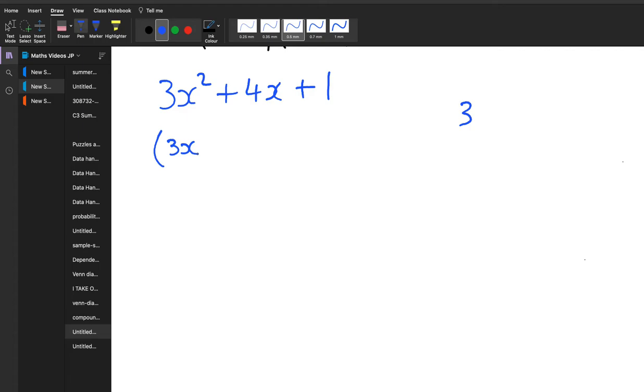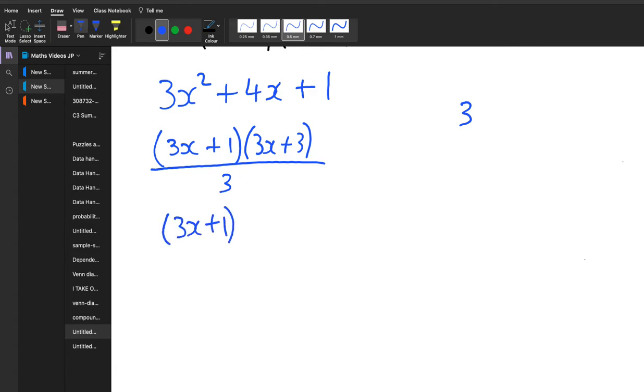The two numbers are 1 and 3. So 3x plus 1, 3x plus 3. Remember, we need to divide everything by 3 to cancel out the 3 times 3 giving 9x squared. We want 3x squared. Then one of the brackets can be divided by 3, which is the right-hand bracket. So we're left with 3x plus 1 multiplied by x plus 1.